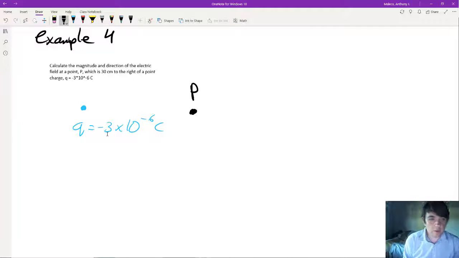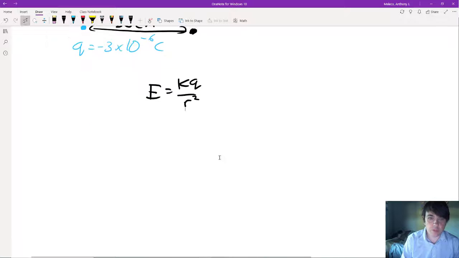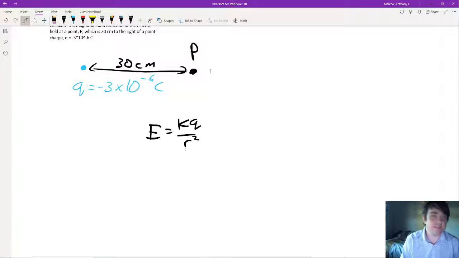So, if you guys remember, here's our thing, 30 centimeters. The electric field equation is E equals KQ over R squared. Okay, it's the force per unit charge at some point in space.